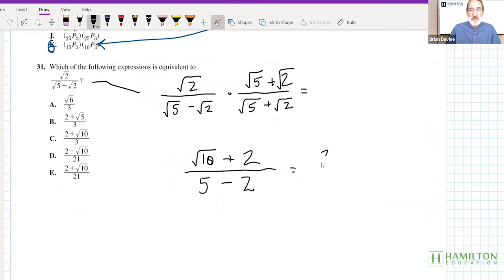And so this will be 2 plus root 10, writing it in the order of the problem answers, over 3. And I can see right away that C is the correct answer. Now, some of you might have calculators that will do this. Explore that possibility. I'm going to show you the mathematics of it, but it's possible that your calculator may have helped you there as well.